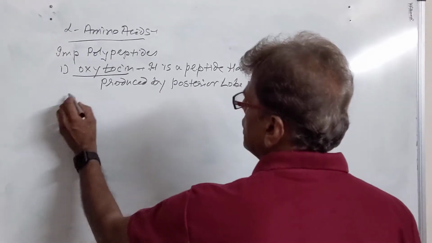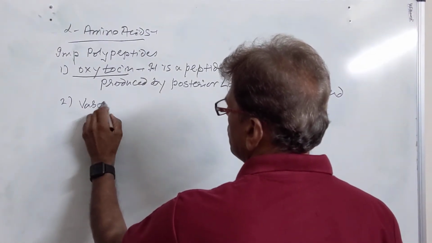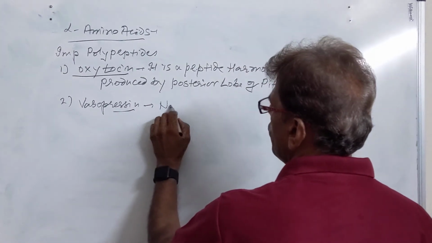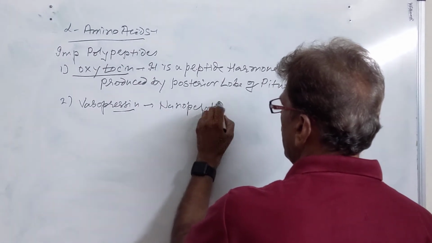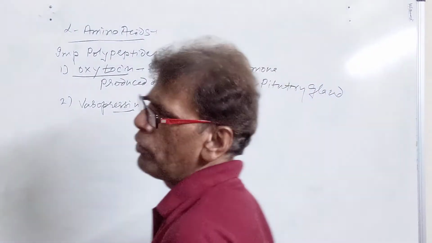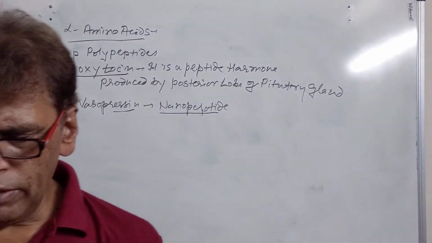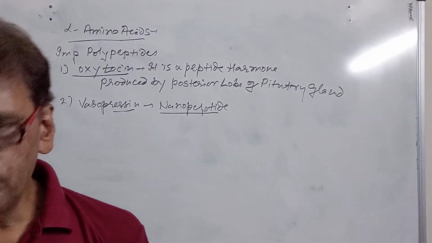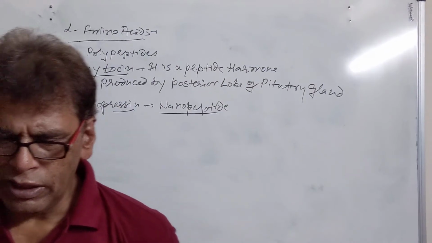Then we have the second polypeptide, that is vasopressin. It is also a nonapeptide formed by combination of 9 alpha amino acids, also produced by the posterior lobe of the pituitary gland. It is responsible for the control of water reabsorption by the kidney.